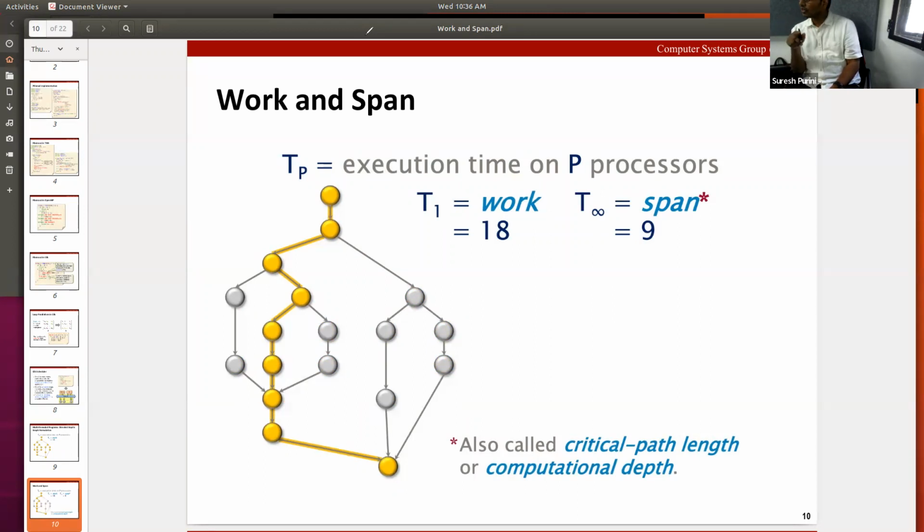In this case the critical path length is 9, and T infinity is what is called the span of the graph. Work is the total number of nodes present in the graph. Span is the critical path length of the graph. It is represented as T infinity, indicating that even if you employ infinitely many processors, you still require 9 time units, which is nothing but the critical path length in this DAG. So these two things are important for us: one is total work, and the other is the span.